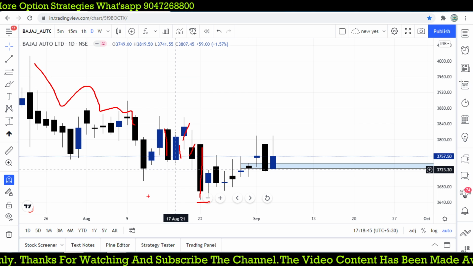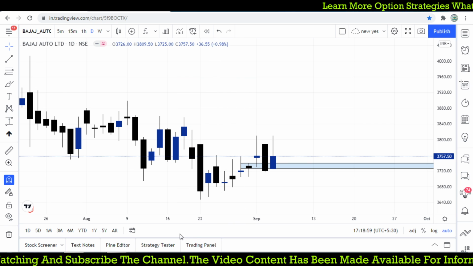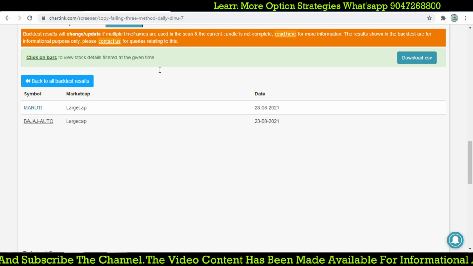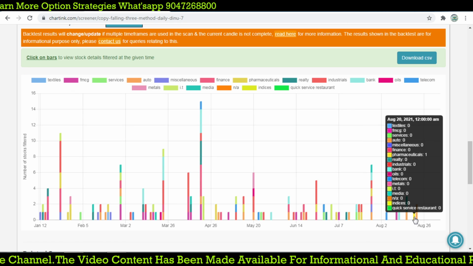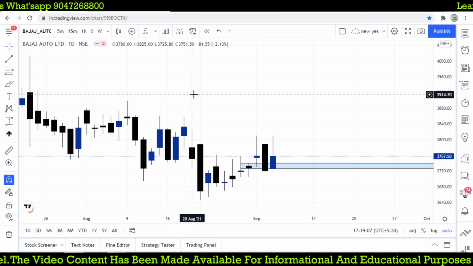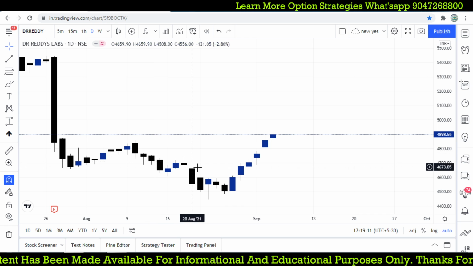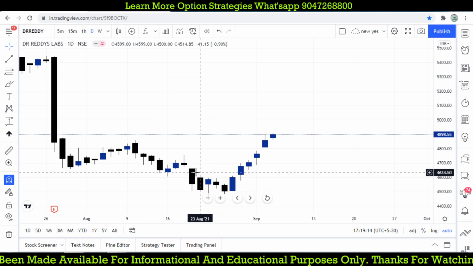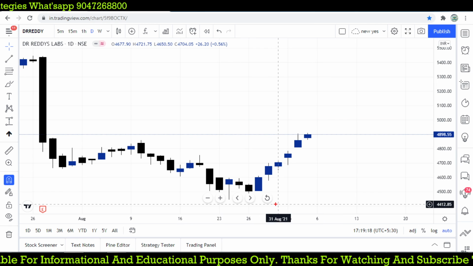The previous trend was also down and we expect continuation, but still it is not giving any opportunity. This also doesn't look great. So let's find previous ones. 20th August, Dr. Reddy. Let's check it out. Can you see that? It looks great.